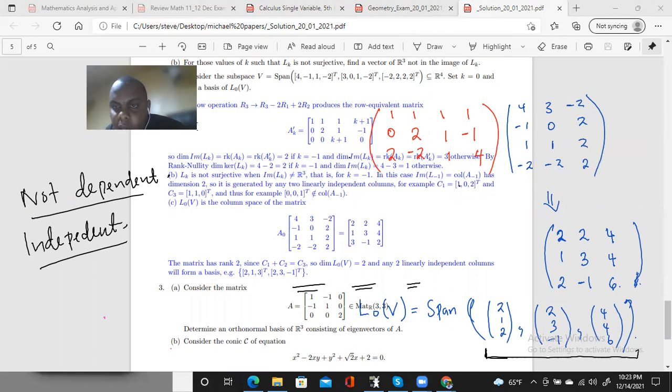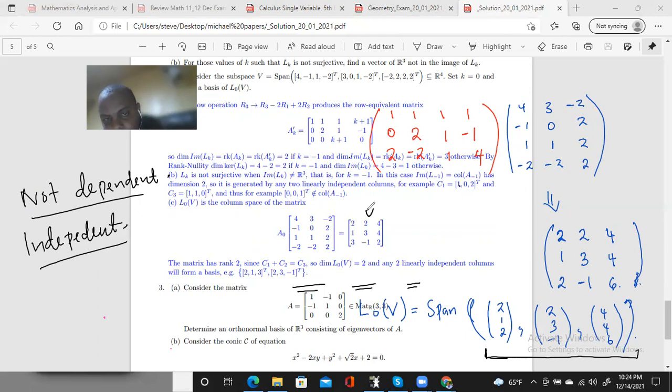4, negative 1, 1, negative 2, 3, 0, 1, negative 2, negative 2, 2, 2, 2. And then they did 2, 1, 3. And then 2, 3, negative 1. Where did they get 4, 4, 2? I don't really understand how they managed to.